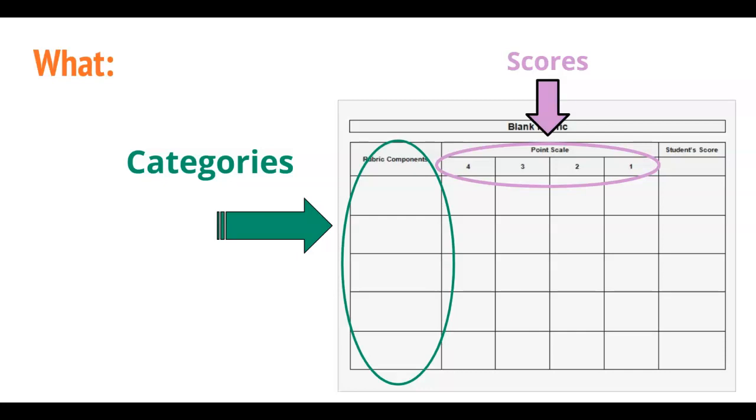Now, there are great instructors that begin with the 1 and they move up to the 4 or the 5 or the 6 or whatever it is, and their rationale is they want students to be able to see what elements are added as they move up in the score. Either way is fine, whether you begin with the 1 or you begin with the 4. My preference will always be to begin with the highest number.